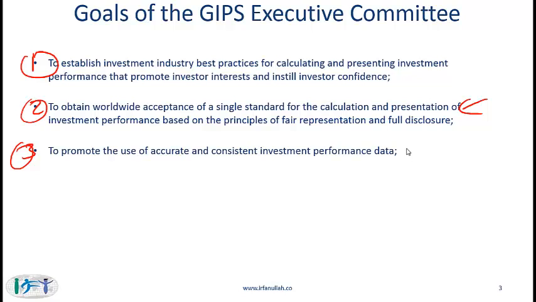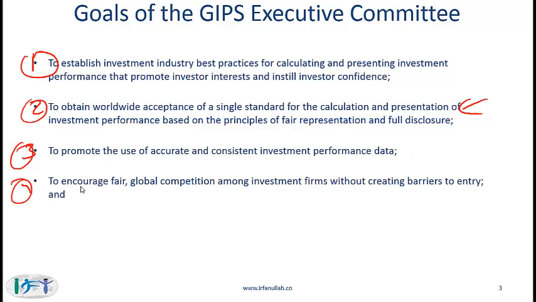Obviously, if different return methods are being used, then we cannot compare those numbers. If firms are following the same standards, then they will use the same calculations and it will become easier to compare numbers. Next one, to encourage fair global competition among investment firms without creating barriers to entry.